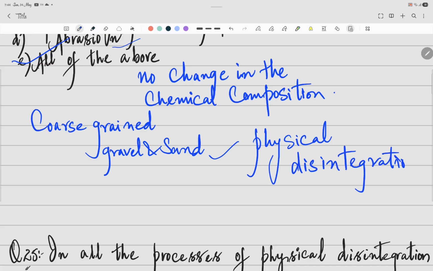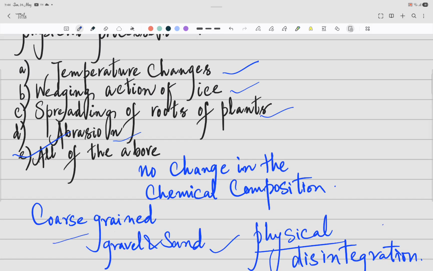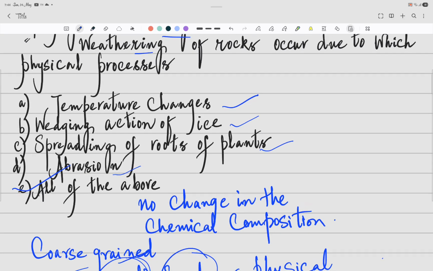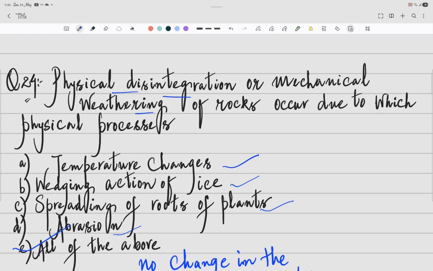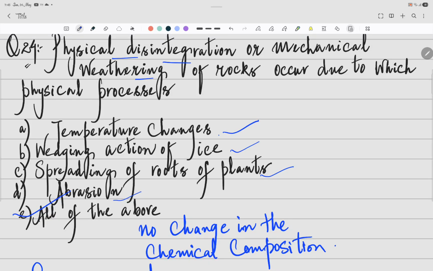All right, so the soils formed by the physical disintegration or mechanical weathering of rocks are coarse grained soils, gravel and sand. And in all the processes of physical disintegration, there is absolutely no change in the chemical composition, and the soil has the properties of its parent rock. Some of the things which happen during physical disintegration or mechanical weathering of rocks are temperature change, wedging of ice, spreading of roots of plants, and abrasion.